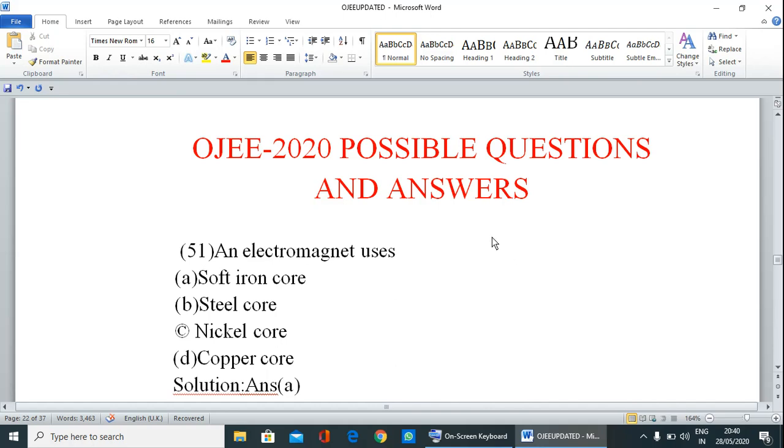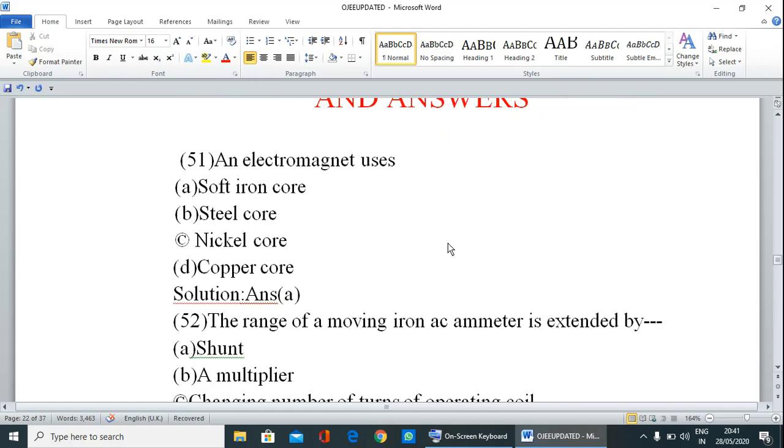I have already completed up to question number 50, so now I will start from question number 51. These are some more important questions and answers to complete all OJEE syllabus from all topics. So the first question is question number 51.